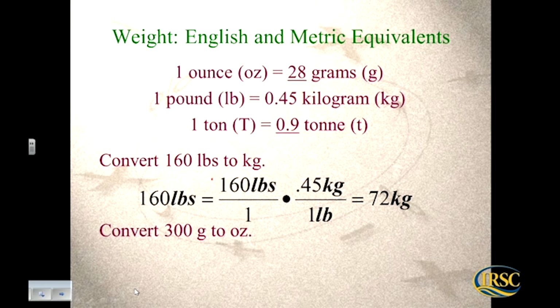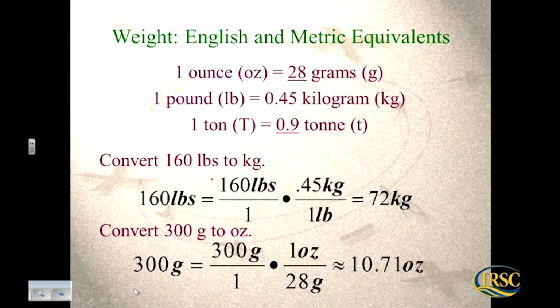Go ahead and convert 300 grams to ounces using dimensional analysis. So again, you should have started with 300 grams over 1, and then created your unit fraction based on what you know of grams and ounces. And so hopefully you set up your problem like this.